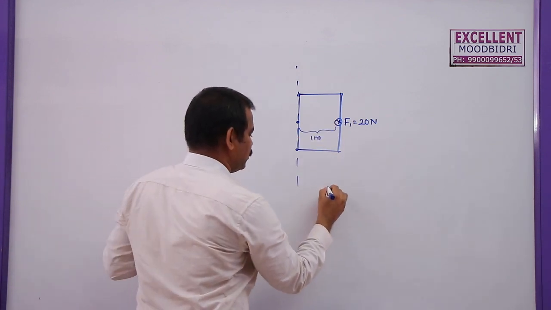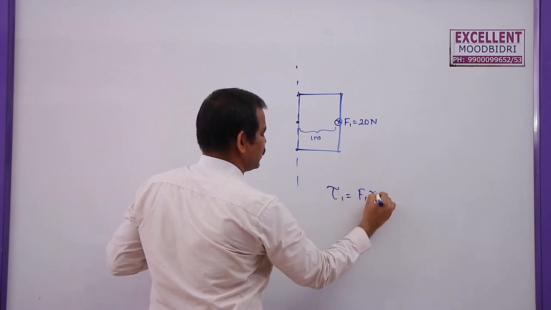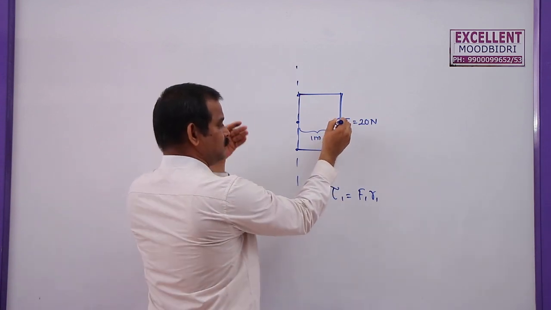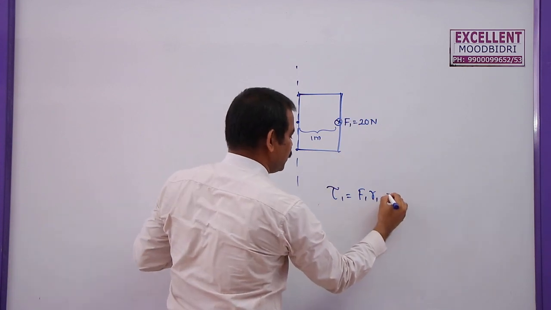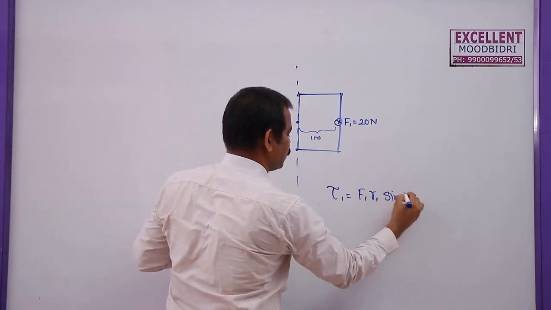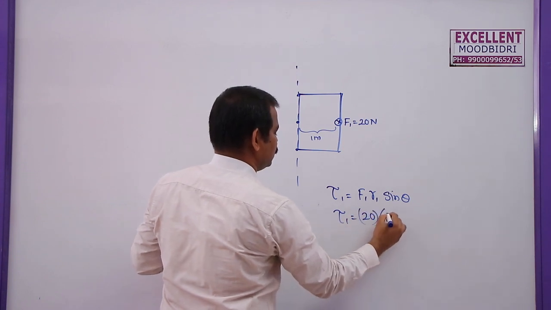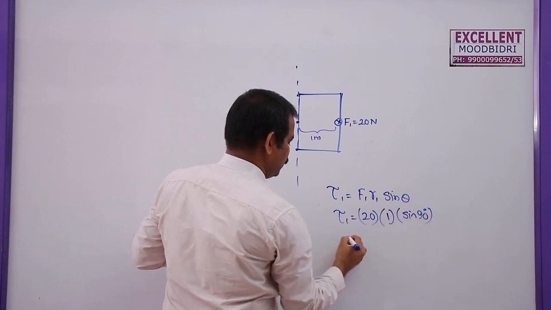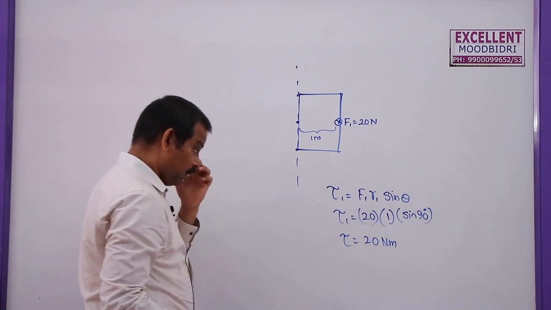The torque is given by F r sin theta, and here theta is 90 because the force is acting like this and the radius like this, so the angle between them is 90. So tau is 20 into 1 meter into sin 90, which is 20 newton meter.